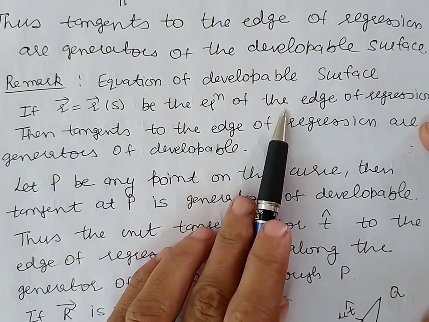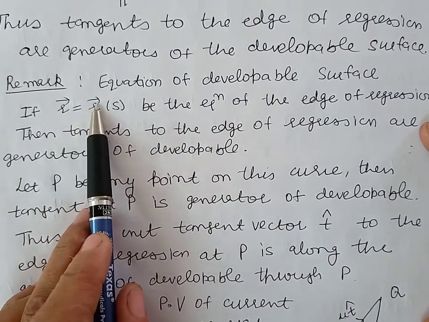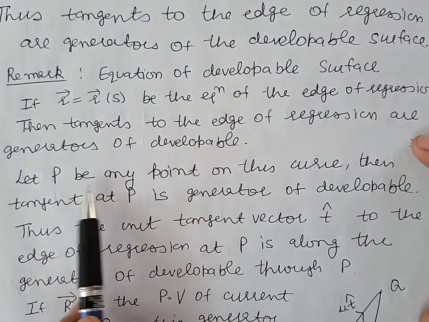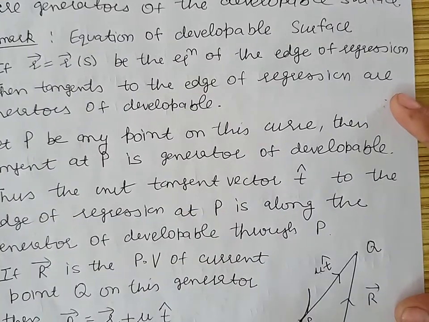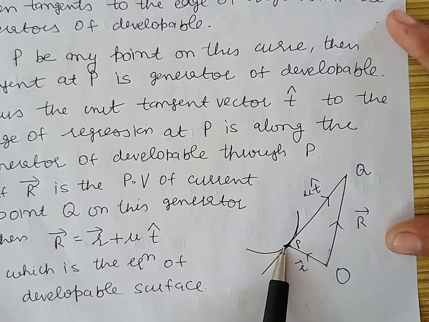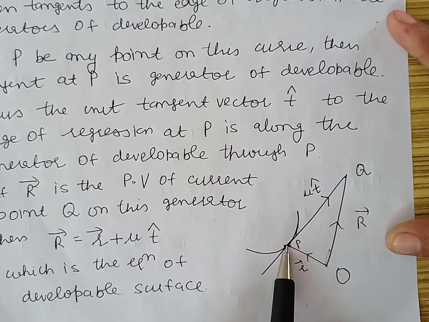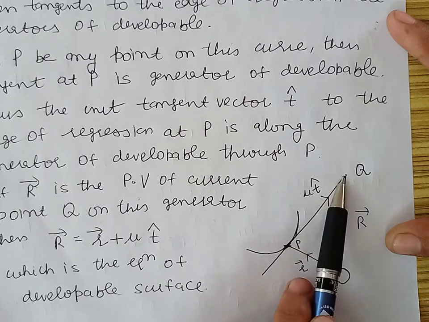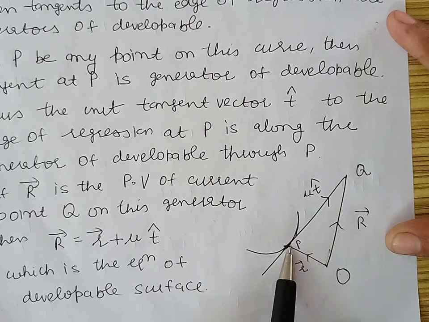So, if we take the equation of the edge of regression given by vector r is equal to vector r, which is a function of s, and if we take any point P on this curve, and draw the tangent at the point P, then this tangent is the generator of the developable. Here the unit tangent vector t cap to the edge of regression at this point P is along this line, and this line is the generator of the developable through the point P.